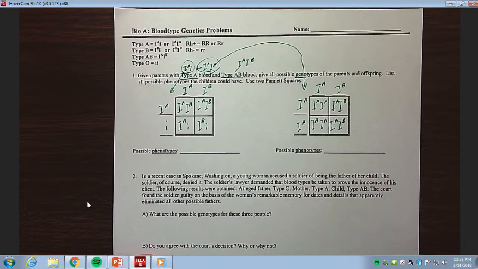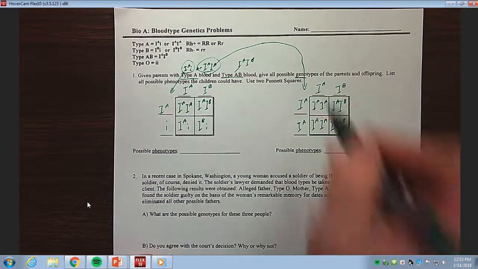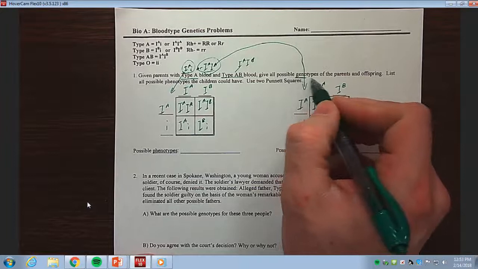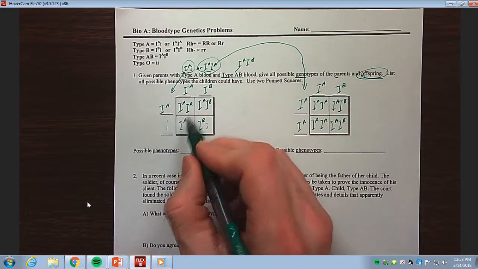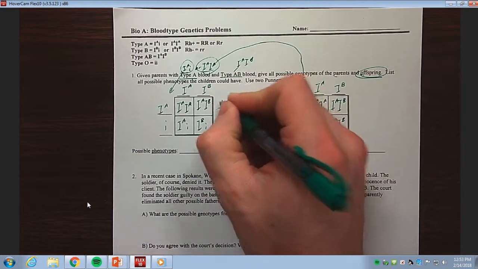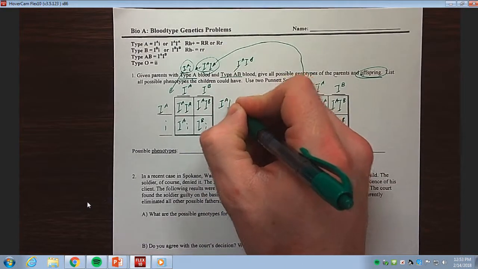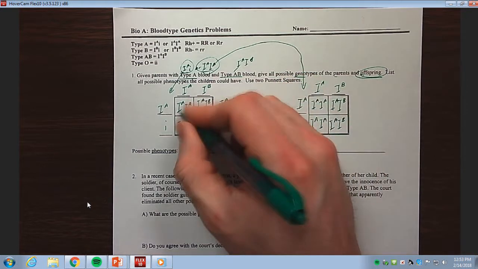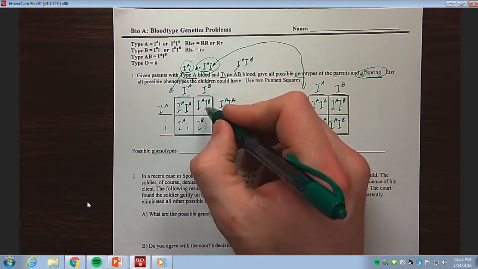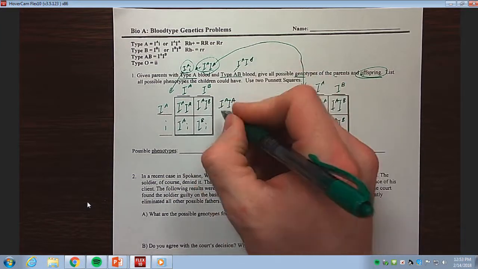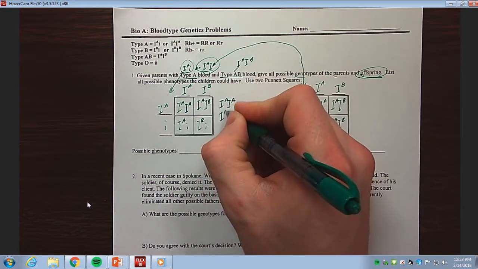So what we're looking for now, according to the question, is the possible genotypes for the parents. We have that already, but what about the offspring? Let's list our possible genotypes. So here I've got homozygous dominant for A. That's that one. I've got AB.